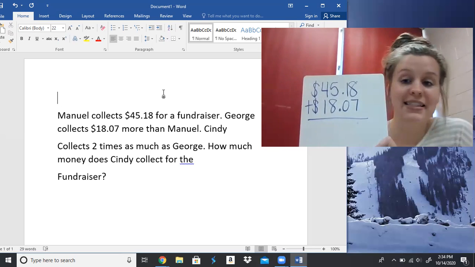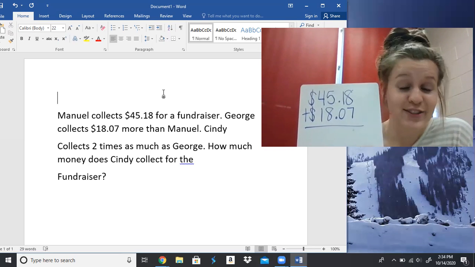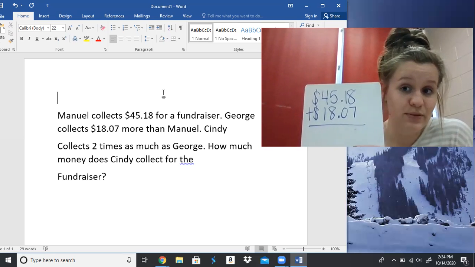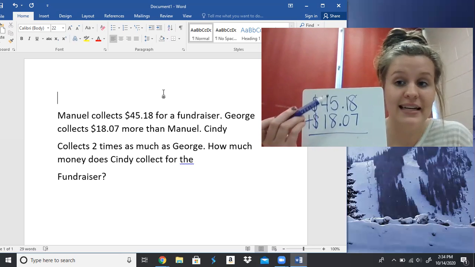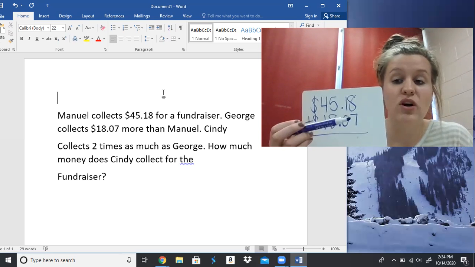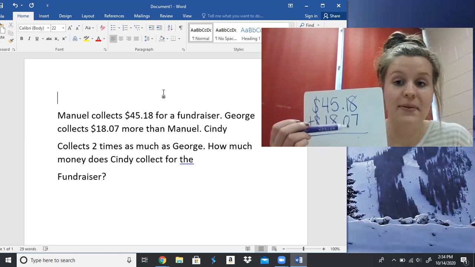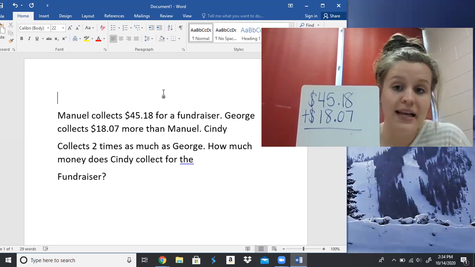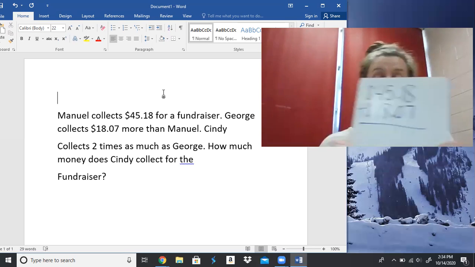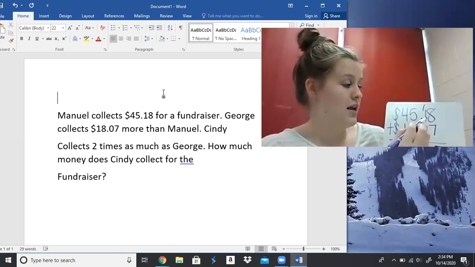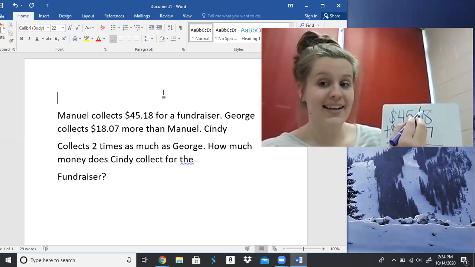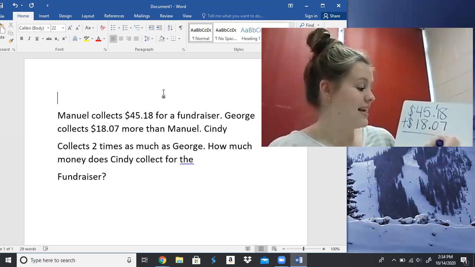So I set up my addition problem. When you add or subtract, your decimals are stacked, right? Your decimals are one on top of the other. You see my decimals stacked up, right? We're going to start at the right, and we have 8 plus 7. So what is 8 plus 7? 15. So we're going to put that 5 down, carry the 1. 1 plus 1, 2 plus 0 is 2.